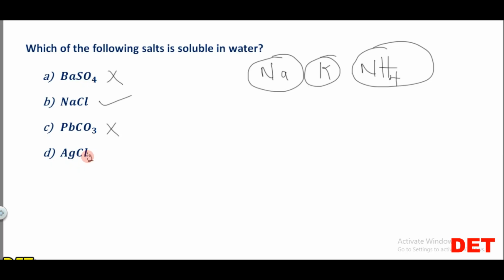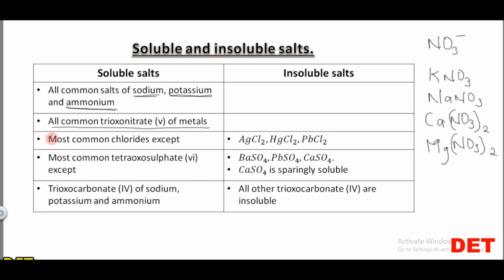Silver(I) chloride is insoluble in water. Like I mentioned again, all common chlorides are soluble in water except silver(I) chloride, mercury(I) chloride, and lead(II) chloride. These chlorides are insoluble in water.